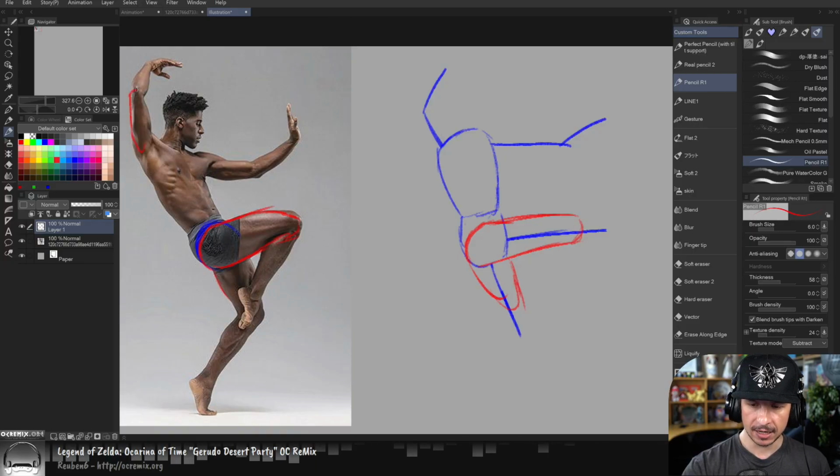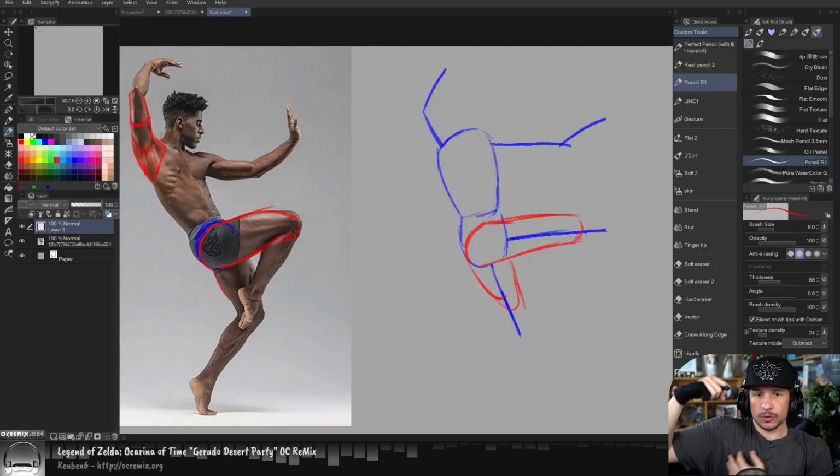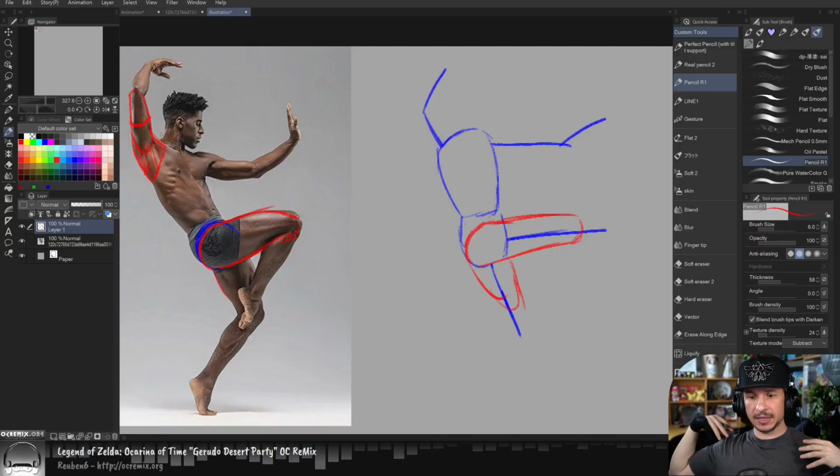You have the arm, which you can simplify to a cylinder right here. But then you have the clavicle area, the whole shoulder area, which is right here. This whole area right there. That is a very important thing. This is the whole shoulder lat muscle right here. And then the shoulder blade as well.